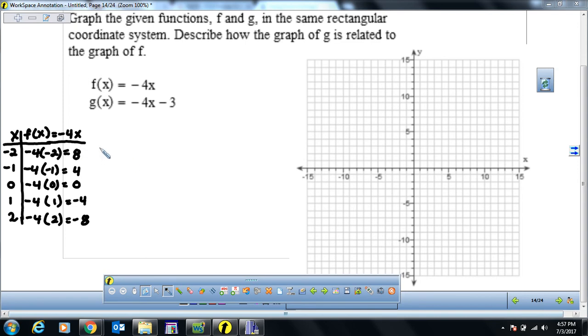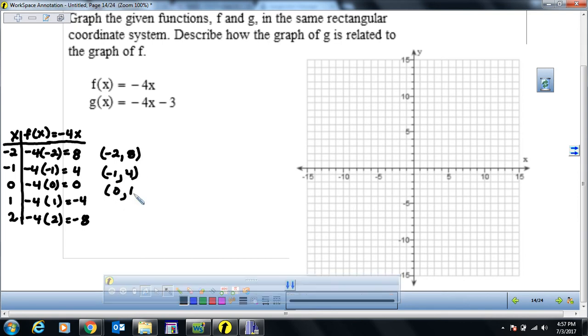So this means that when x is equal to -2, y is equal to 8. When x is equal to -1, y is equal to 4. When x is equal to 0, y is 0. When x is equal to 1, y is -4. And when x is equal to 2, y is -8.